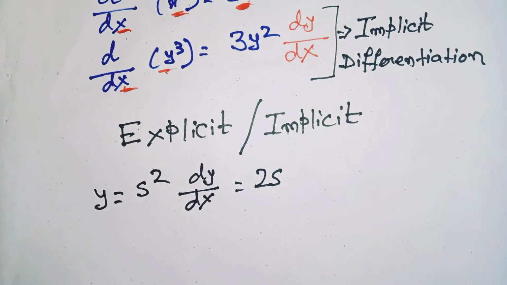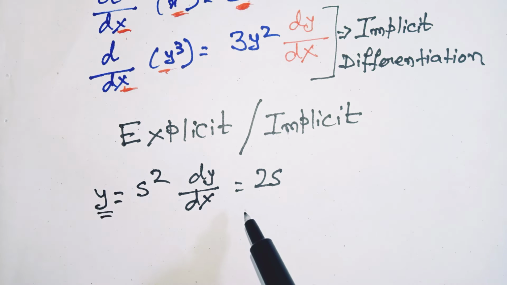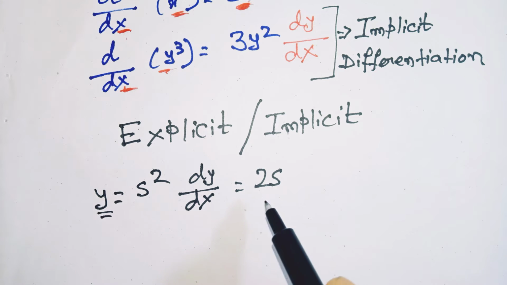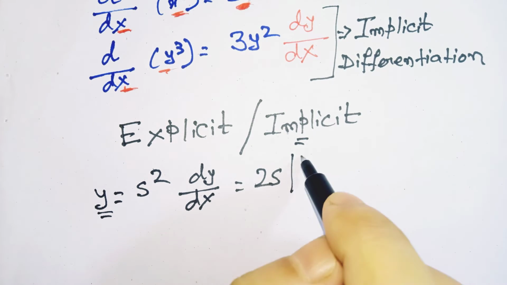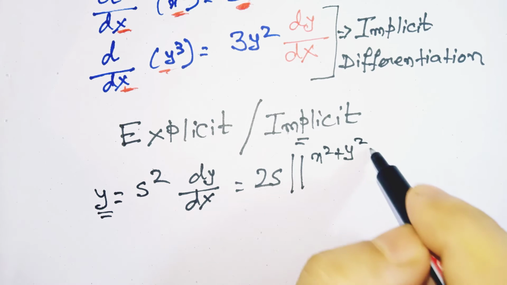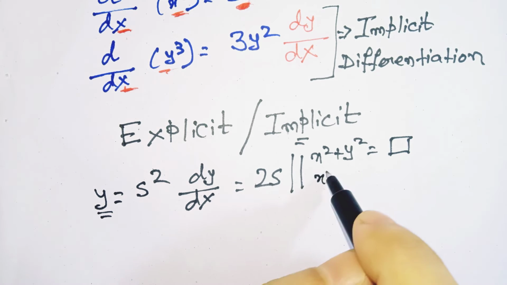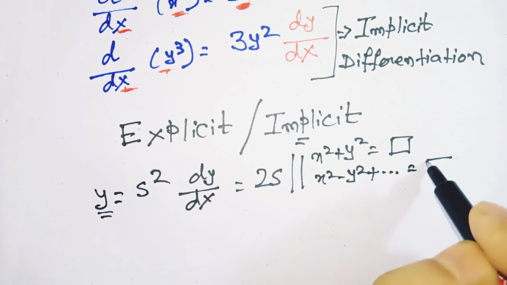If the function is written as y, you get the value of y. But what if it is not written as y? Then it is implicitly written. Say, for example, x squared plus y squared equals something, or x squared minus y squared plus this equals something.